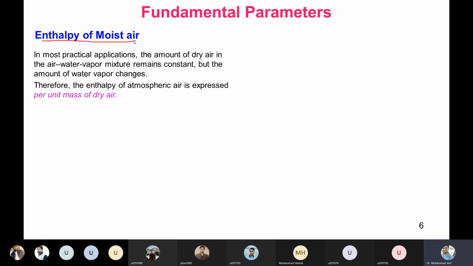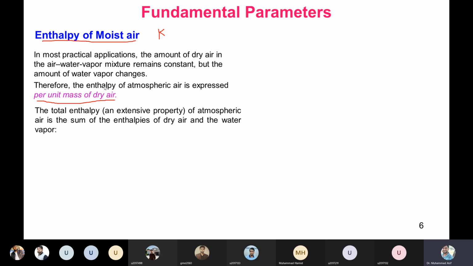Basically, in practice, the mass of the dry air is not changing, but the mass of the water vapors is changing. So that's why we need to express enthalpy per unit mass of the dry air. When we say the enthalpy of the moisture, that should be represented as the enthalpy of the moist air per kg of the dry air.